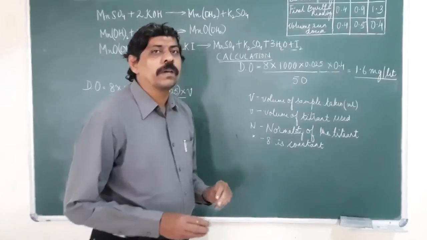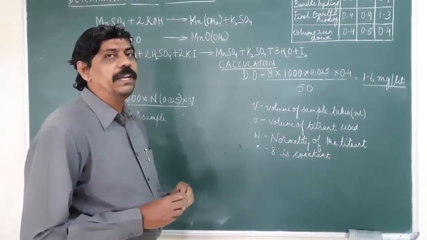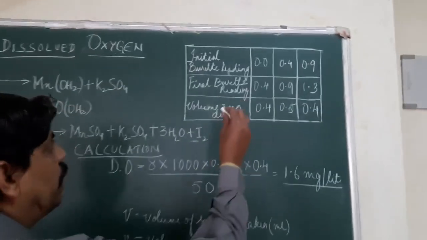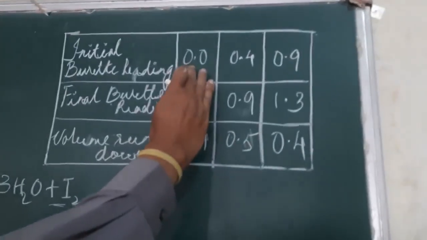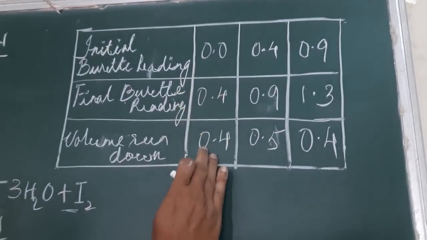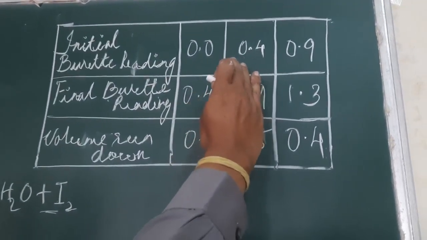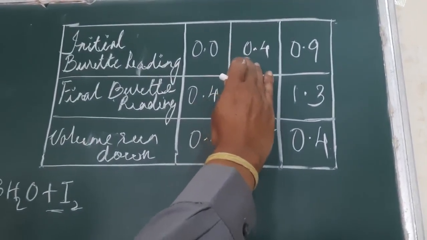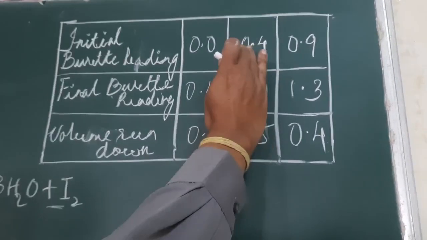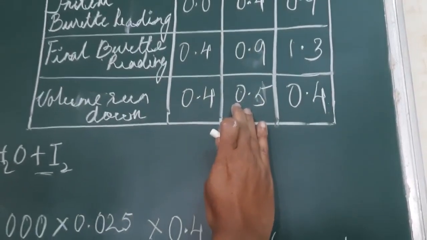After the titration, as you have seen, the burette readings are recorded here on the board. The initial burette reading was 0, and the final burette reading was 0.4, so the volume run down was 0.4. For the concordant readings, we went for the second trial, and we got 0.9 as the final burette reading, when the initial reading was 0.4, and the volume run down was 0.5.